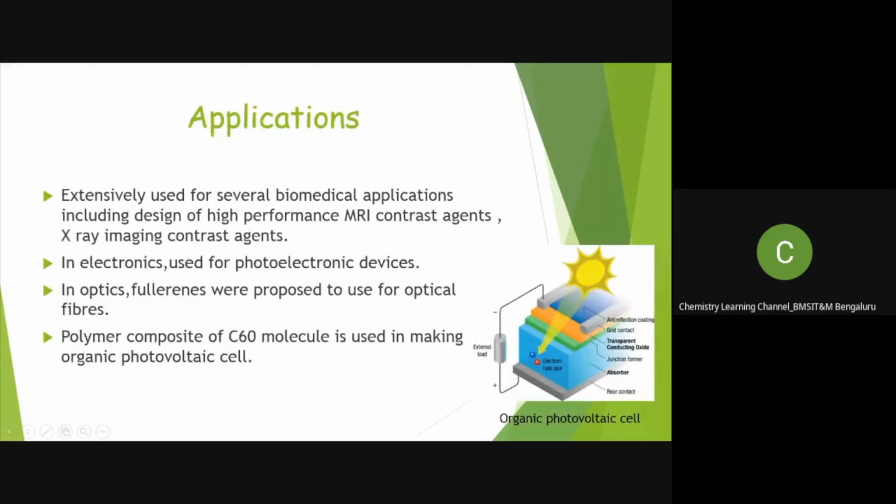Applications of fullerene. They're extensively used in several biomedical applications. Most of the nanomaterials are used in medicine, and they include design of high performance MRI and X-ray imaging contrast agents. In electronics it is used for photoelectronic devices, and in optics they're used for optical fibers, and a polymer composite of the C60 molecule is used in making an organic photovoltaic cell.